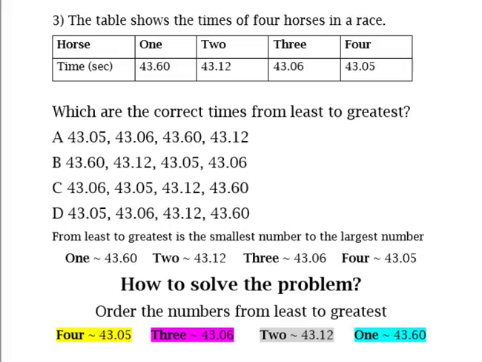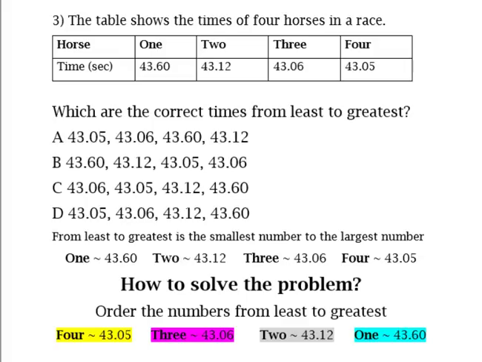And when we list out the horses and their times from least to greatest, we have horse number 4, 43.05, horse number 3, 43.06, horse number 2, 43.12, horse number 1, 43.60.